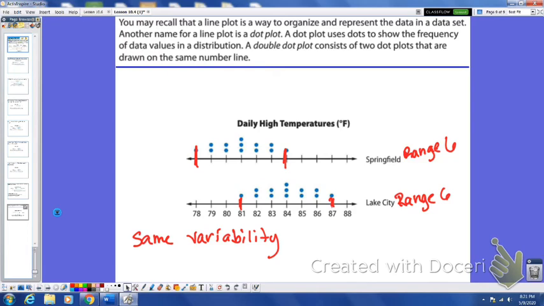We could find our mean if we wanted to. So you could find all of your measures of center because these are all of your data points in this case. So one last thing we could maybe say here is that Lake City has higher temperatures.